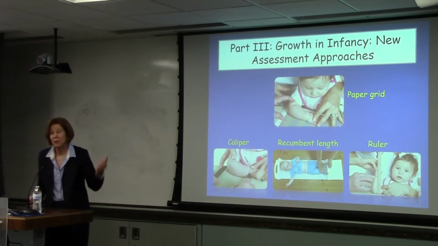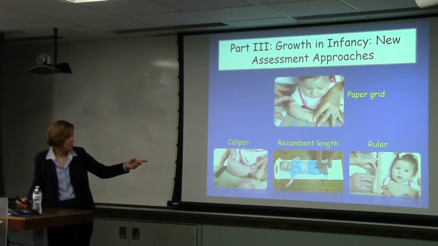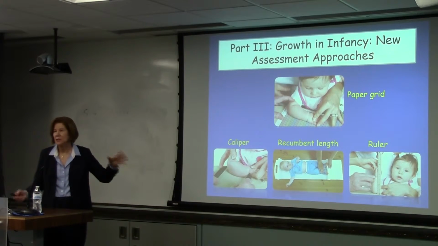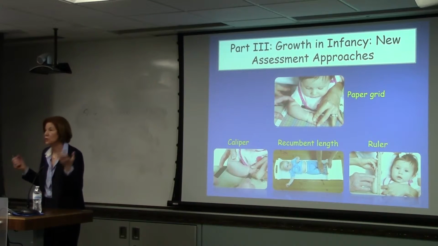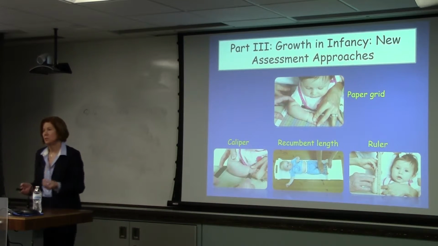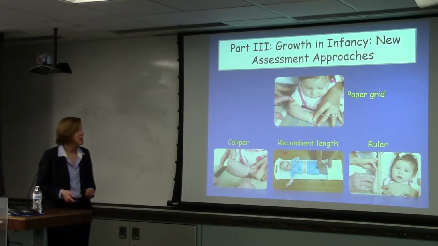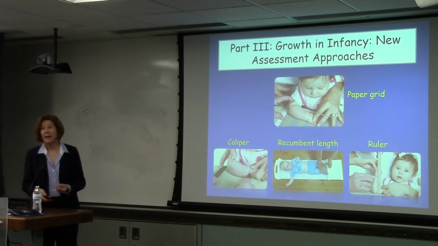But the real issue is that when you go in the field and you do this research, these infantometers didn't always look so nice. They looked like coffins to mothers in different cultures. We face tremendous problems in measuring recumbent length in little babies. So a couple of us had an idea.